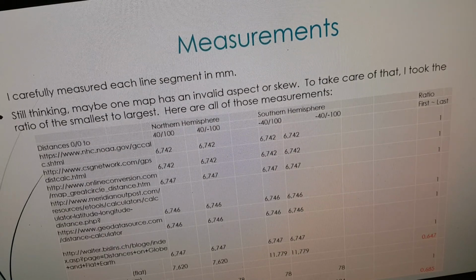For the AE map, everyone knows that's the azimuthal equidistant map. And here are the numbers that I got for measuring. And the ratio was 0.685. 0.685 totally matches the 0.647 from the calculator.